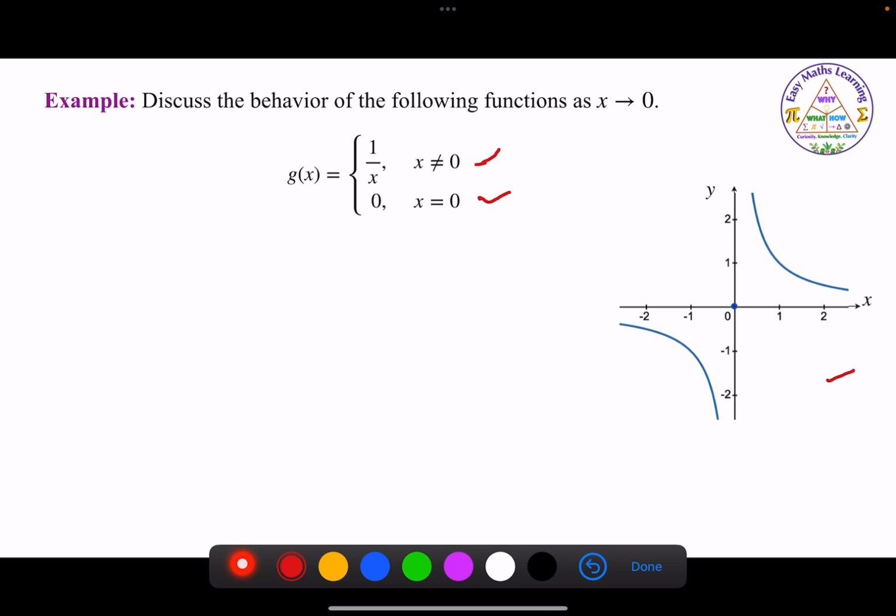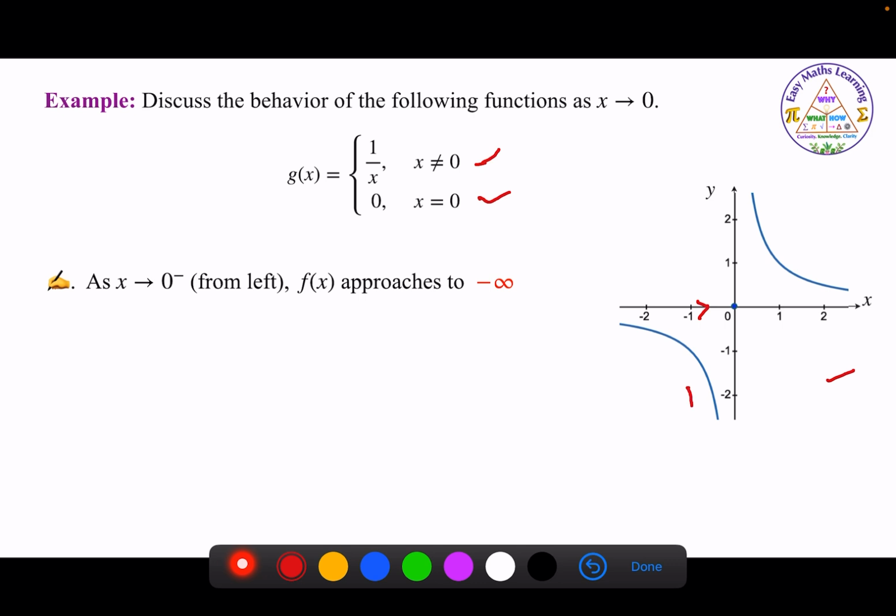Okay, so now the question is, what is the behavior of the function as x tends to 0? If x tends to 0 from the left, then we see that the function becomes very large negatively, that means it tends to minus infinity. As x approaches 0 from the right, the function becomes very large positively, that means it tends to plus infinity.